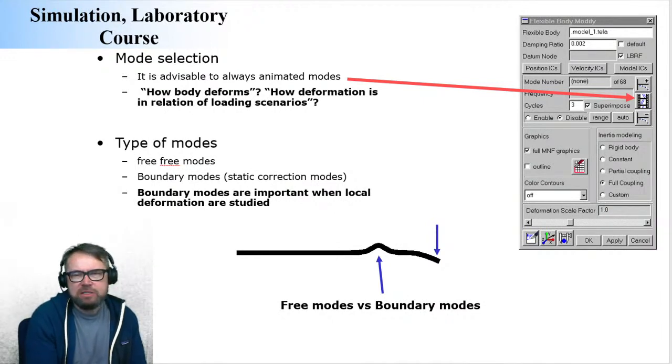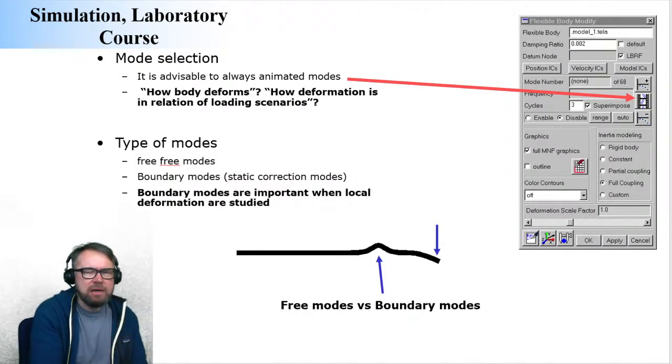This instruction comes from Adams, which is a commercial software similar to Simscape. In Adams, you can animate each of the modes and look at their visual appearance. Based on that, you can make your call whether it makes sense to take them into account.